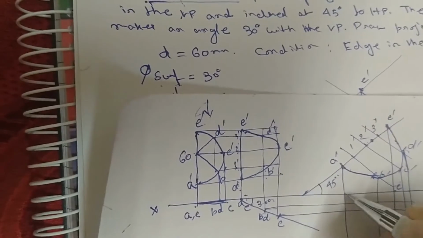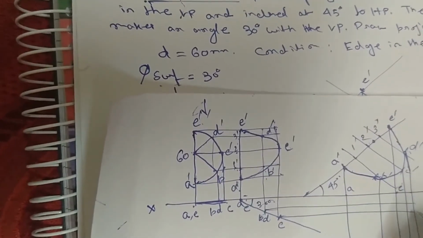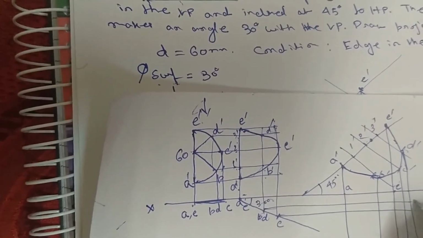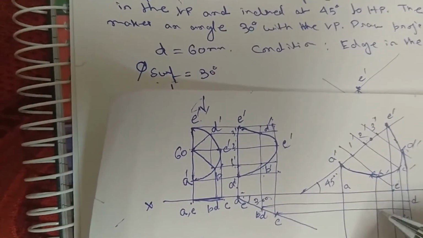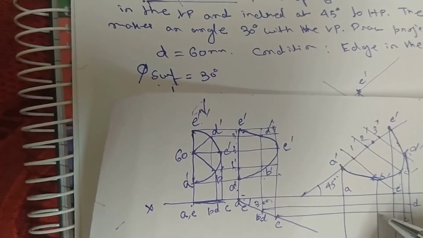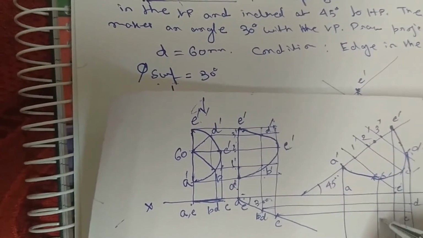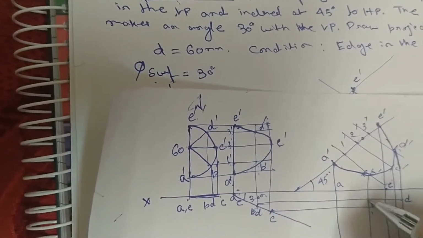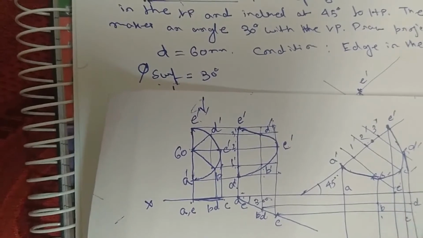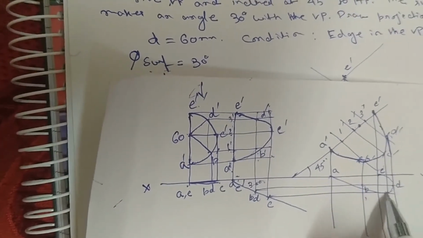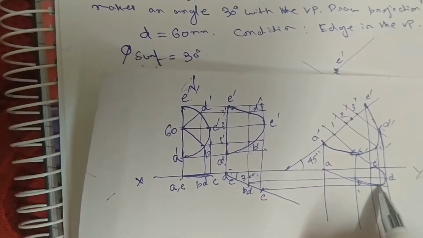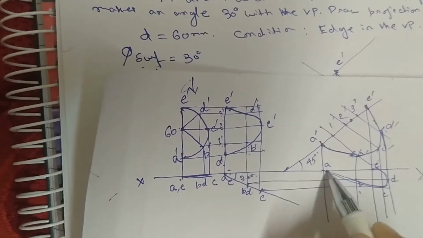This is E, this is A, this will be D, C, this is B. So after joining all those points, we are going to get this kind of profile.